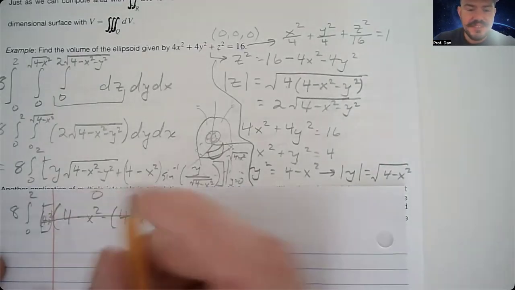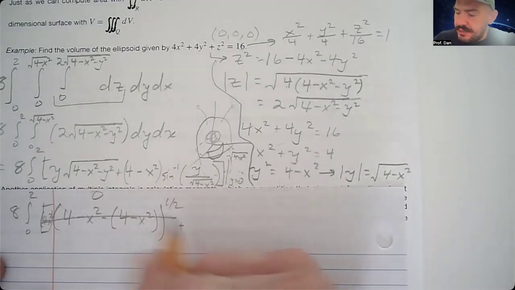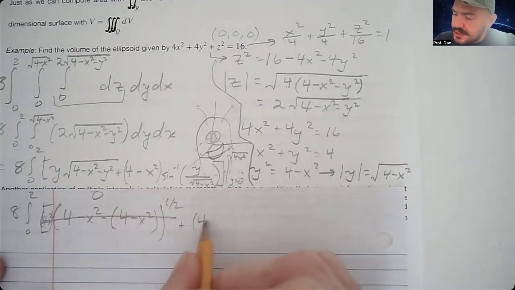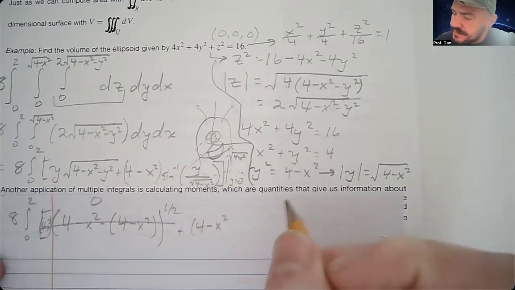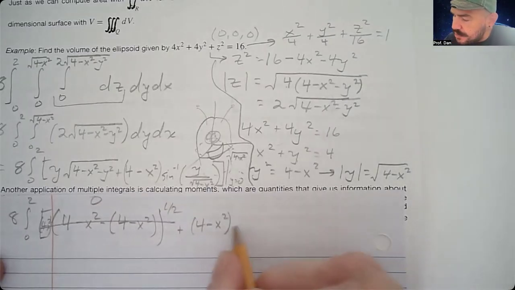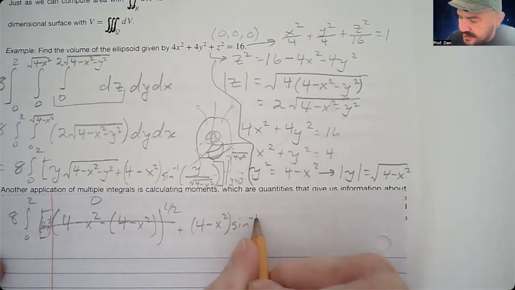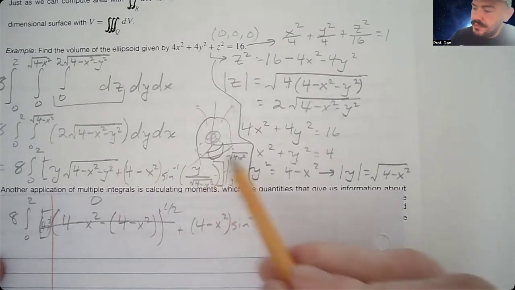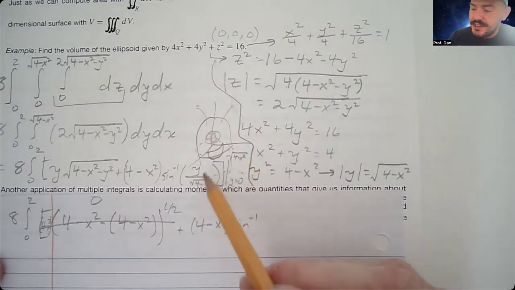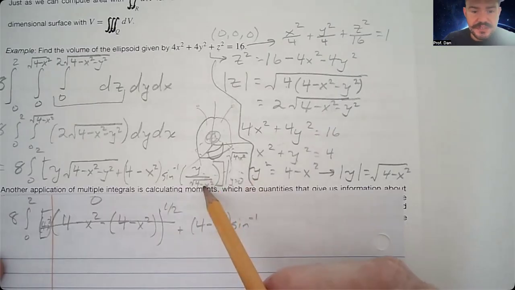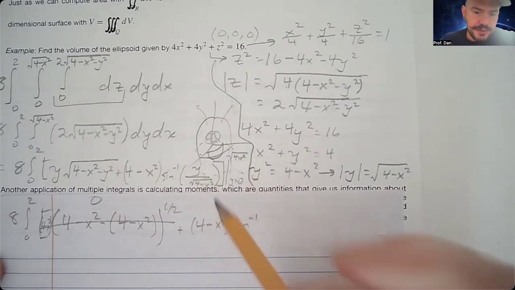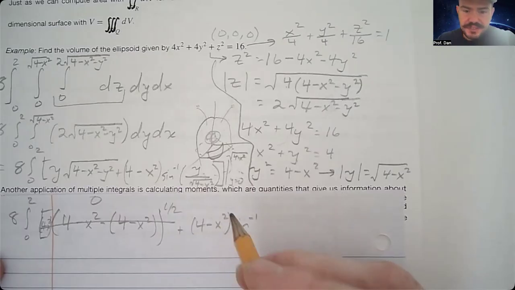Pretty fun. For the next term, we have 4 minus x squared multiplied by inverse sine of the square root of 4 minus x squared divided by the square root of 4 minus x squared. Now, what is the square root of 4 minus x squared divided by itself?